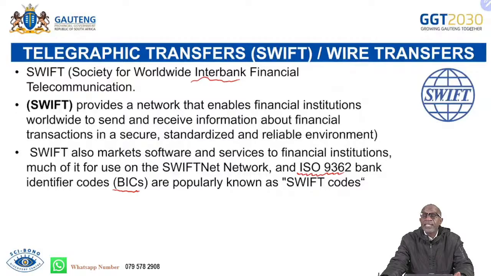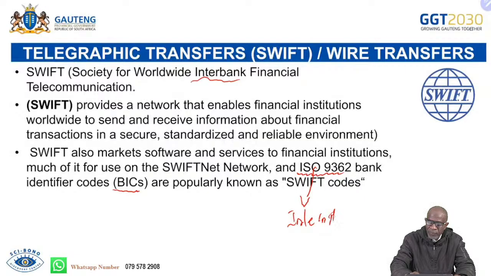The BIC stands for Bank Identification Code or Bank Identifier Code, whereas ISO, another network, stands for International Organization for Standardization.